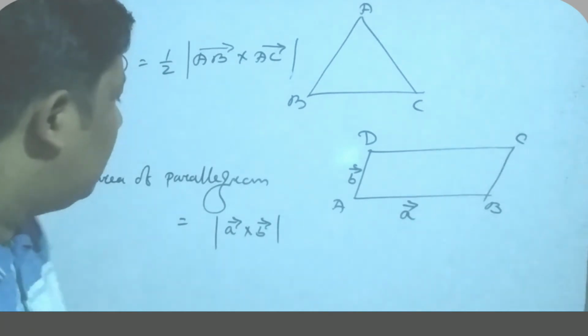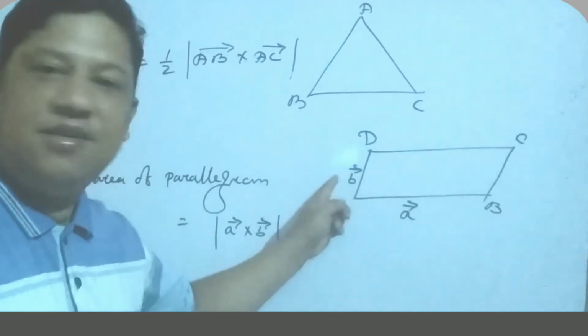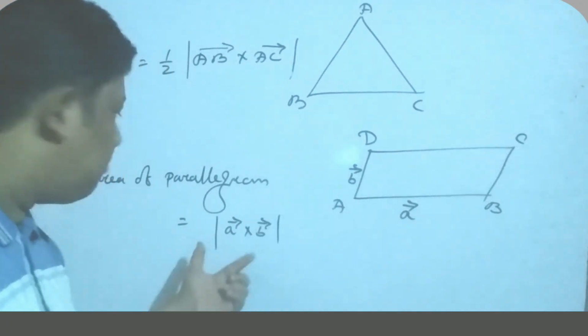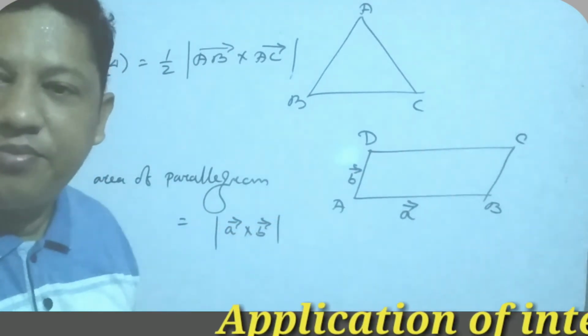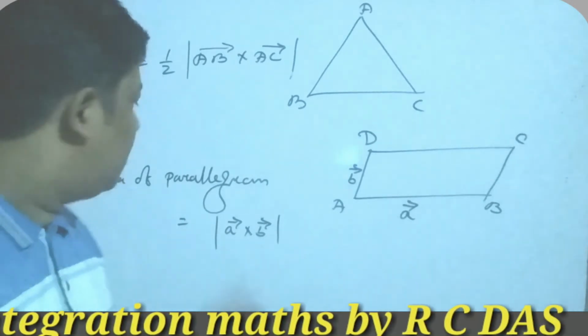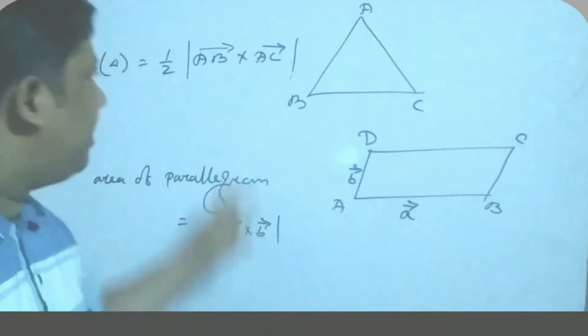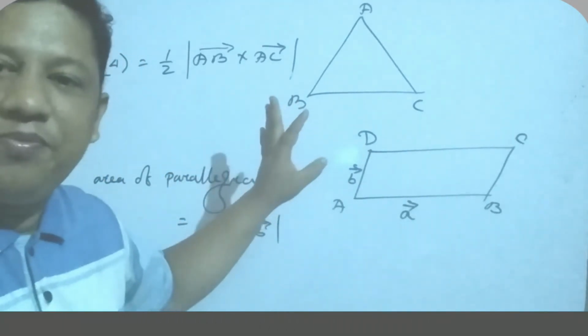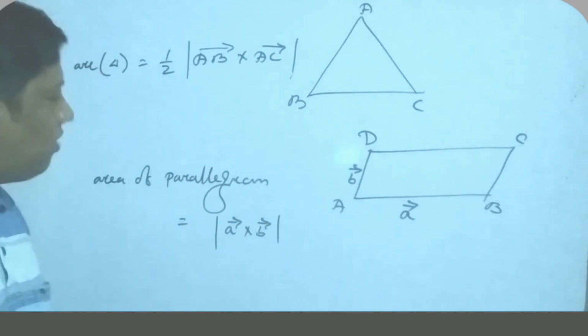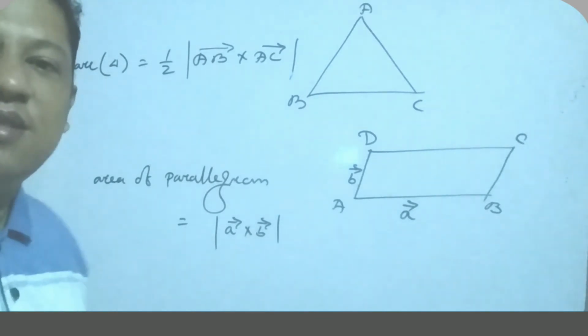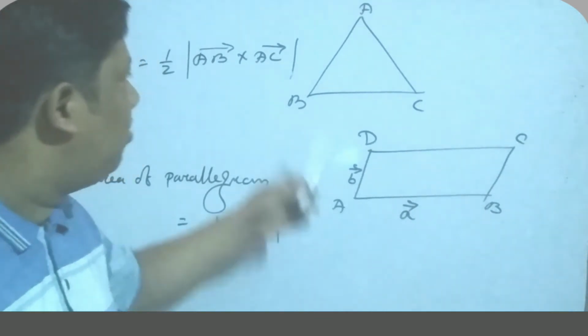At first you have to find the cross product of these two adjacent side vectors. After that you take the magnitude and you get the area of this parallelogram. Okay, my students, so in the case of the area of a parallelogram and the area of a triangle, I think you understand. Using this, you can solve so many questions. Thank you, my dear students.